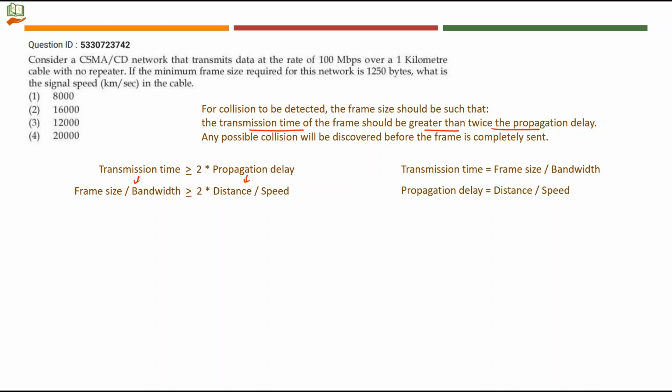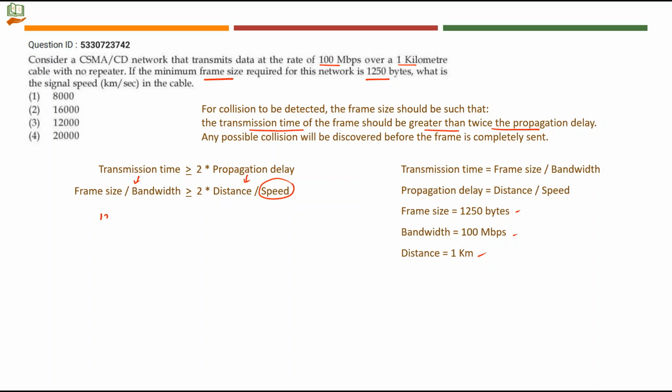From this question, we will be able to get three values. The frame size is given as 1250 bytes. The bandwidth is actually given as 100 megabits per second and the distance is mentioned as 1 kilometer. So we have to find only this speed. Now we have to substitute those values.